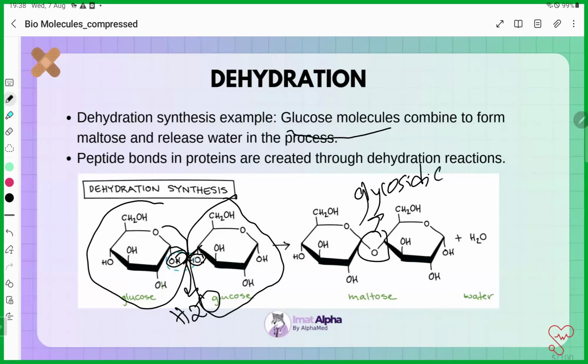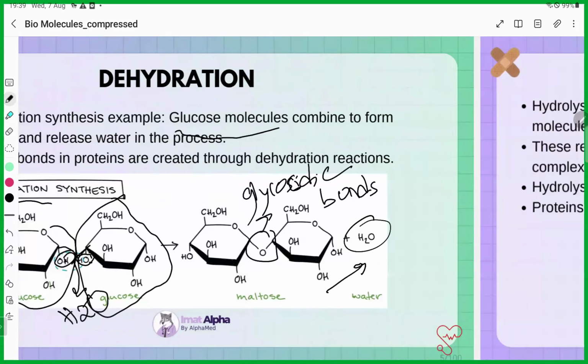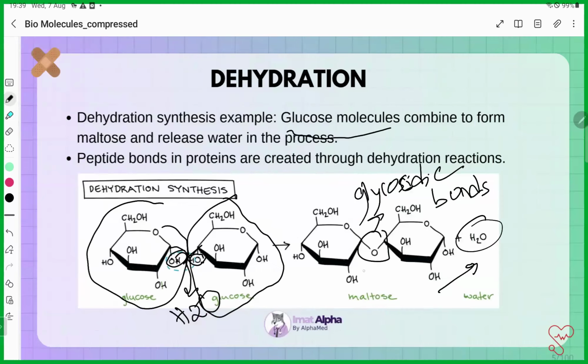So these glycosidic bonds allow the production of water molecule from the glucose. One glucose plus one glucose gives maltose. Glucose is a monosaccharide, maltose is a disaccharide. We have two glucose molecules.